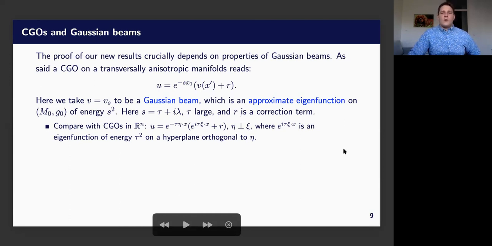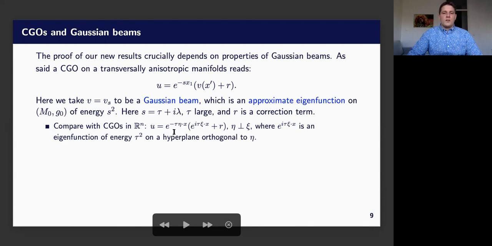Okay, so why do I call these CGOs? Let's compare the situation to R^n. In R^n, the CGOs have the following form. They are e to the power minus tau eta dot x times, in brackets, e to the power i tau xi dot x plus the correction term, where now eta and xi are orthogonal. So note that if you consider that eta is the x1 direction, then this term here, by the way, can you see my pointer?